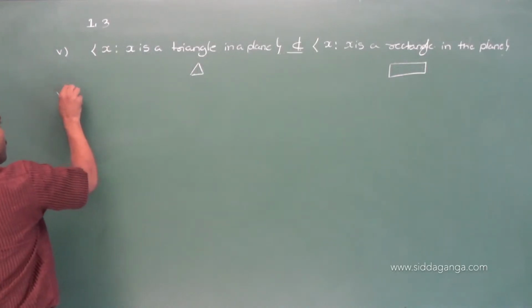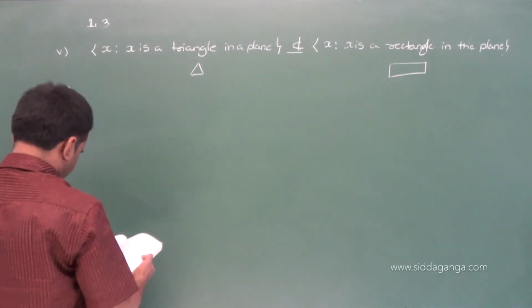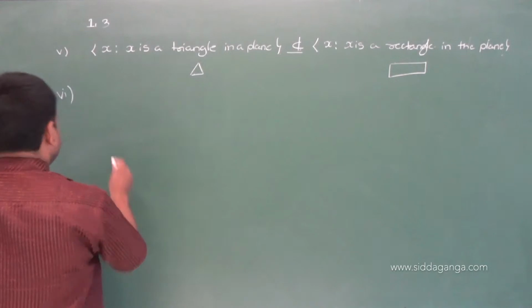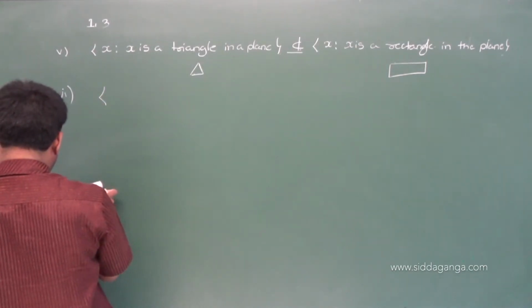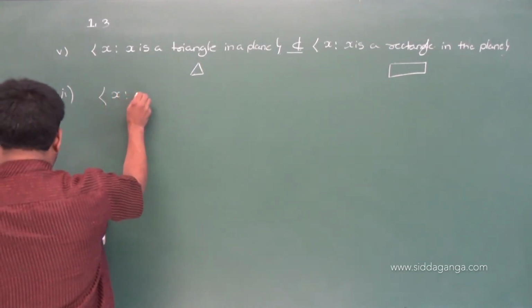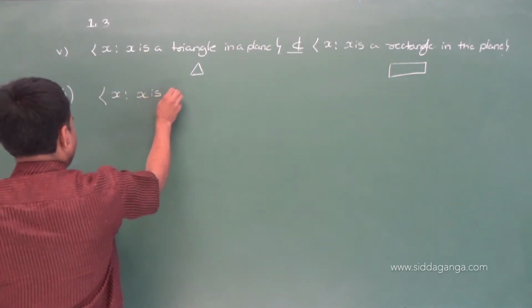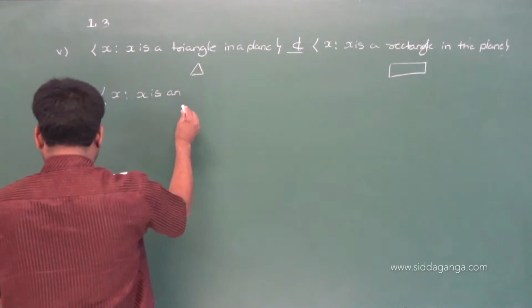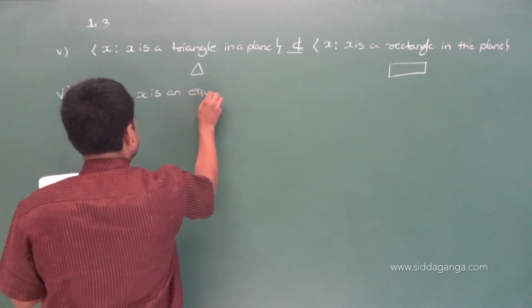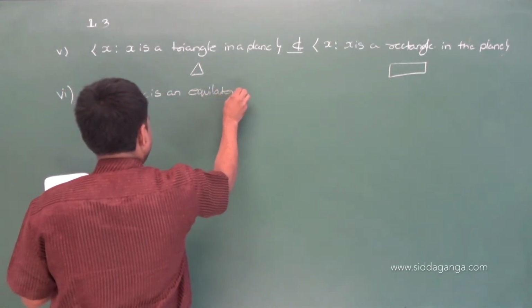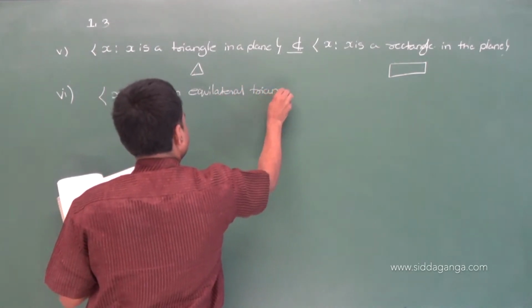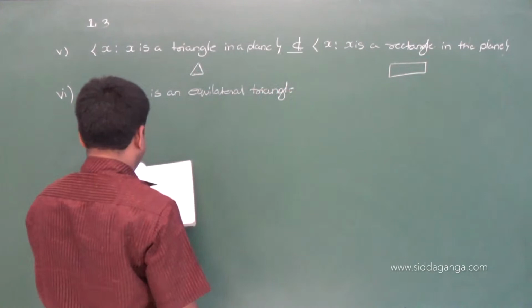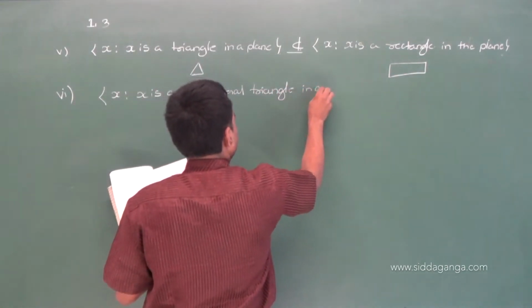Sixth question. X such that X is an equilateral triangle in a plane.